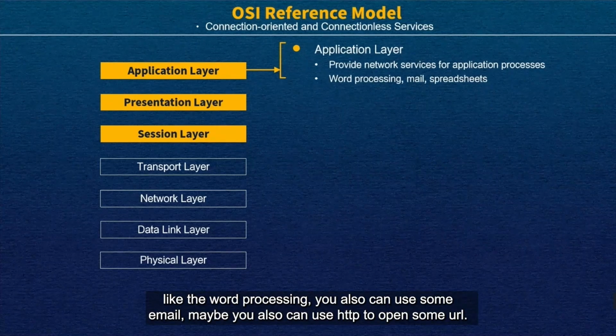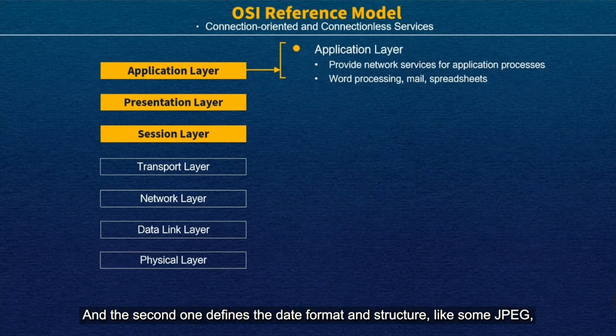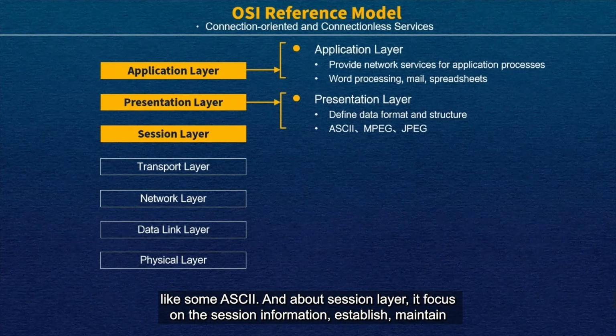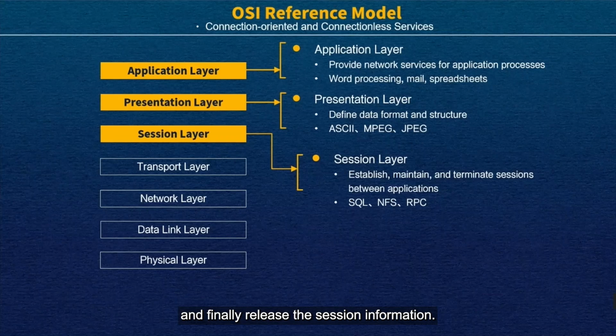You can also use email, or use HTTP to open some URL. The presentation layer defines the data format and structure, like JPEG, like ASCII. And the session layer focuses on session information: establish, maintain, and finally release the session.